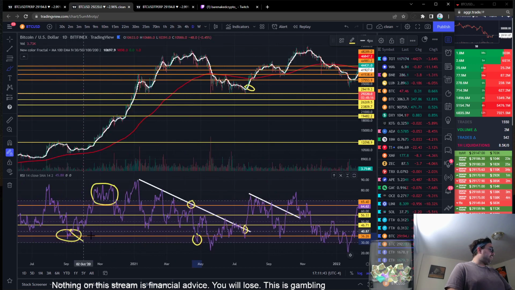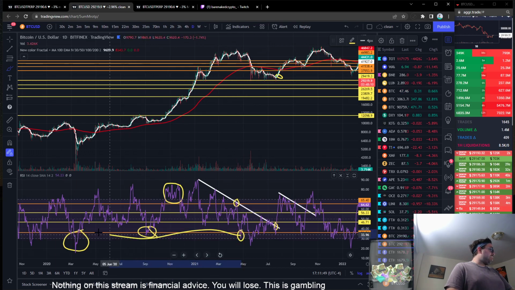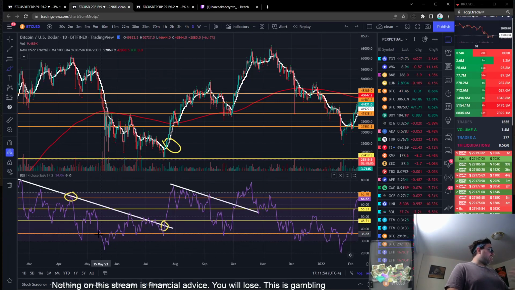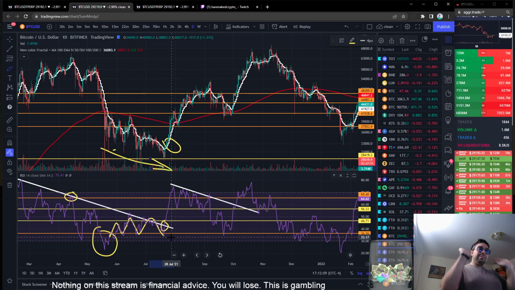That first crash fell below 36, because this was from March 2020 to April 2021, a 1-year trend where it stayed above 36 RSI, and then it started crashing below. Then it had another crash below, and it stayed below there. But then when it went above it, look what it did. Found support at 36, found support at 36, found support at 36. Even though the price was going lower, the RSI was staying supported.